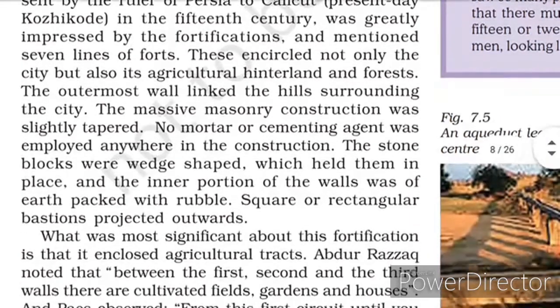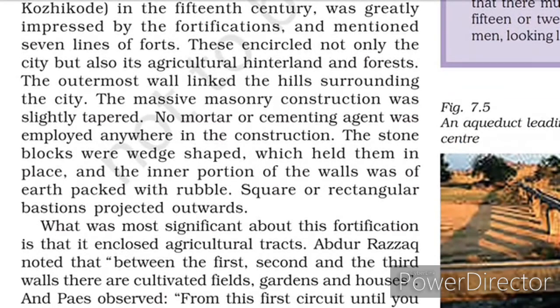And then he mentioned that this fortification has got 7 lines of forts. That means he said that if I move from one place to another, I could see that the fort is protected by 7 layers. This encircles not only the city, that means the boundary wall not only protected the fort, but it also had different areas of fortification.